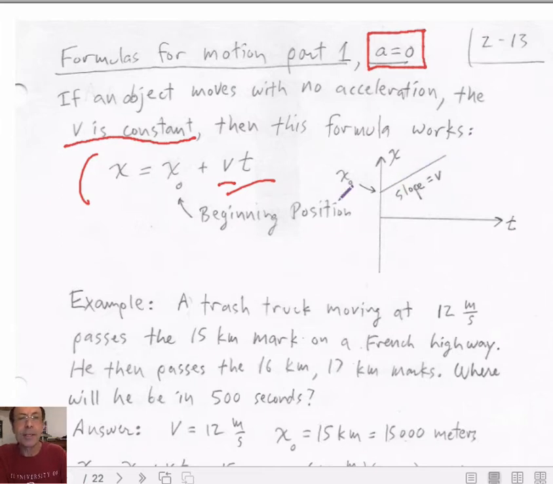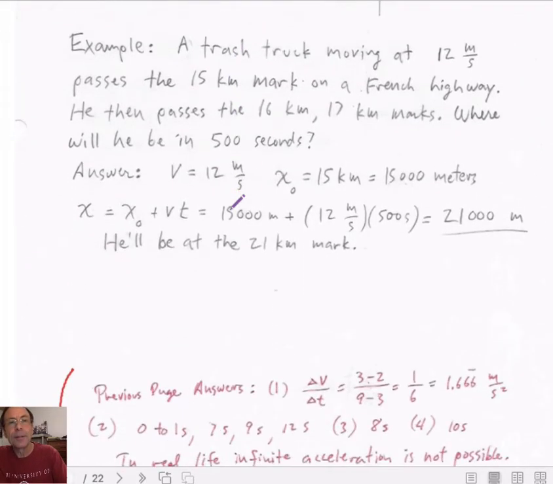If the velocity is negative, if the object is going to the left, then the slope will be negative. And of course, if the velocity is 0, then it'll be a horizontal line because x will not be changing. All right, so let's have an example.